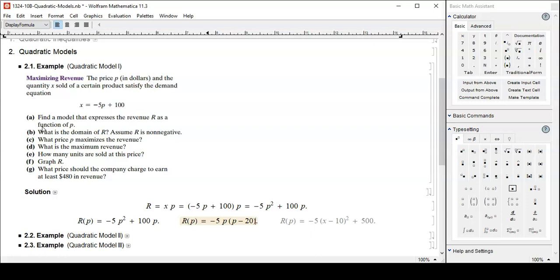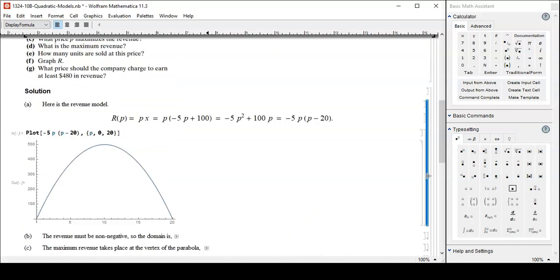Let's see, part A, find the model. Okay, we found the model. Here, general form, or here, the intercept form. And we have the answer here. And here's the graph. P equals 0, we have revenue 0. P equals 20, we have revenue 0. Those are the x-intercepts.